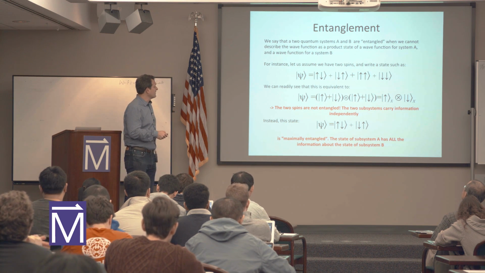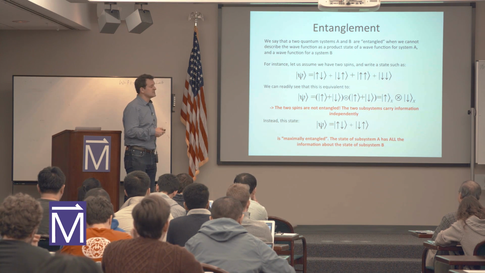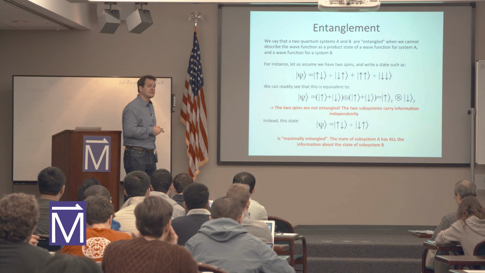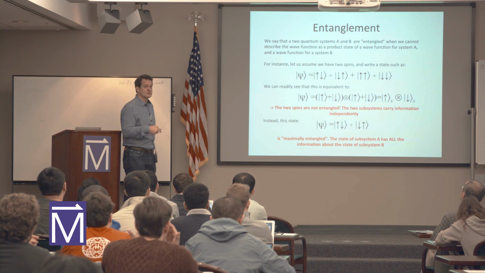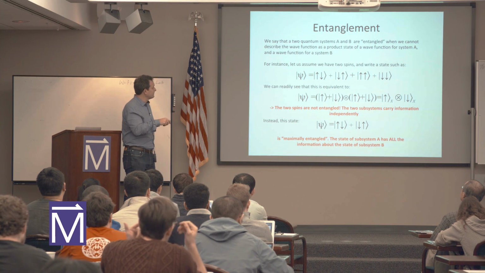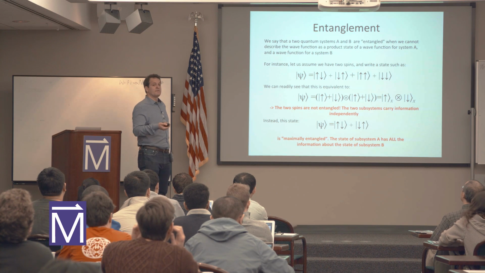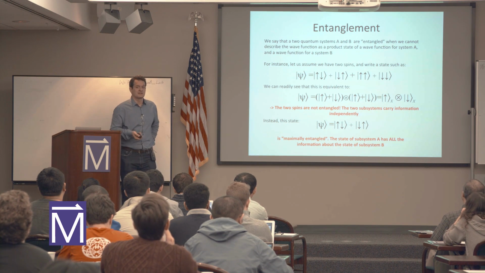Because imagine you have a wave function that looks like this. You have two spins, and this is very similar to the example that Andrian, the maestro, gave in terms of bosons. So imagine you have a superposition that looks like up-down, plus down-up, plus up-up, plus down-down. And at first sight, you may think that this is a highly entangled state.